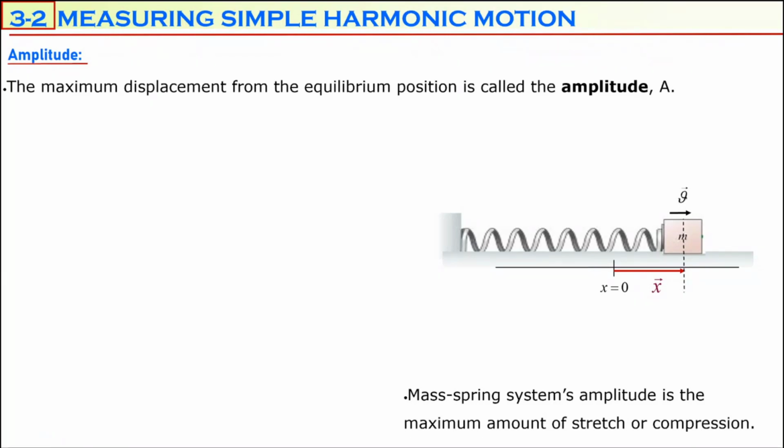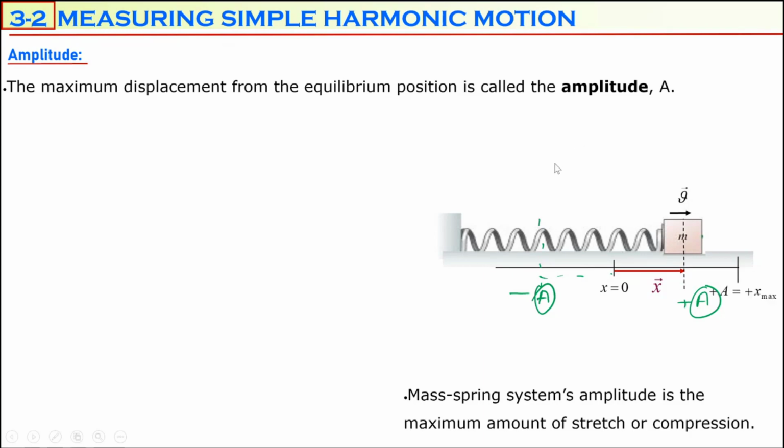If it is the maximum amount of stretching, it is positive A. If it is the maximum amount of compression, it is negative A, but will be represented by A.